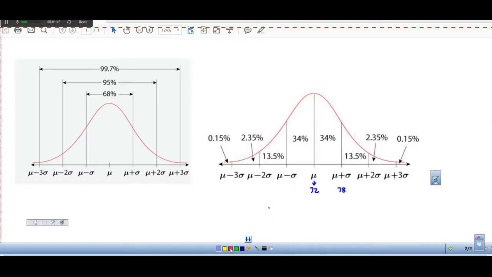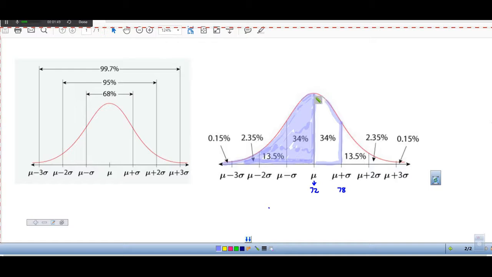So if you think about what we have here, we're going to have this entire side, and that percent is exactly half. So that is going to be 50%. I'm going to spend much more time coloring than this is worth. So this is 50% right there. But we also need to include this part right here.